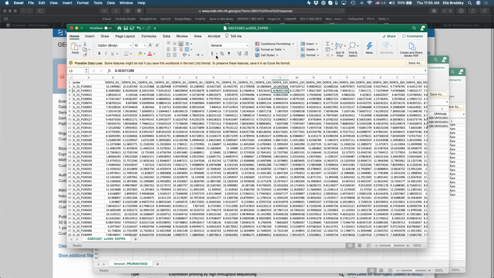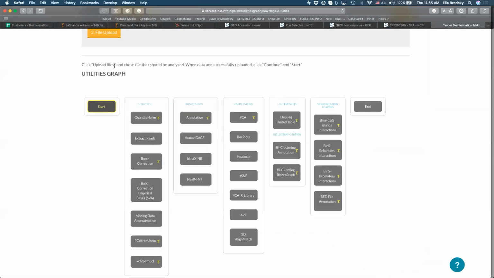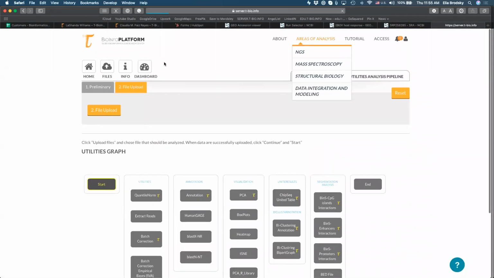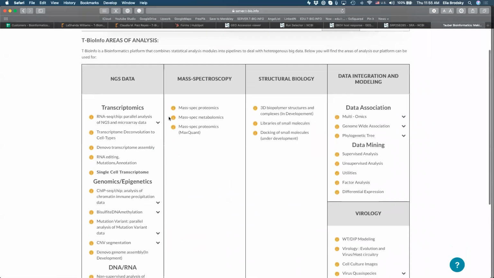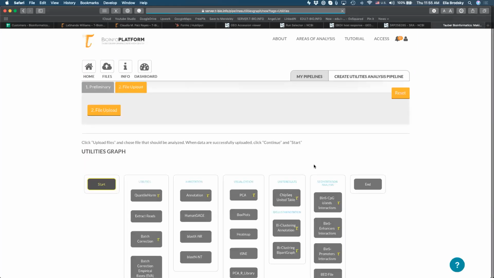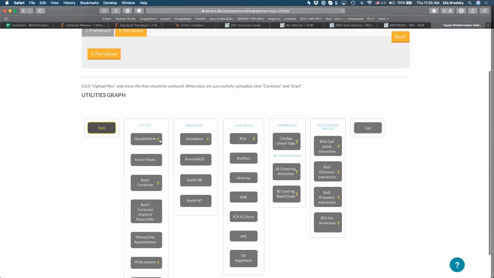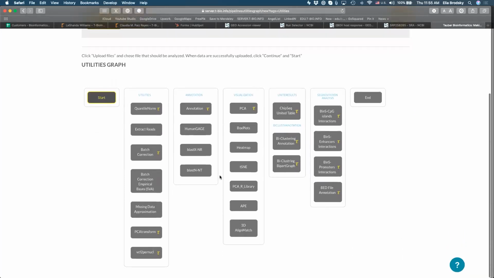And instead of going through the RNA-seq section, right? So instead of going through here, you have all the methods for data mining, differential expression and factor analysis, and also have in here different things like normalization, principal component analysis, and all kinds of other things to visualize your data sets.